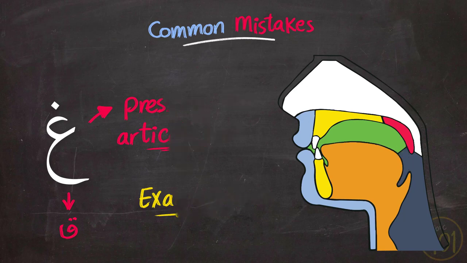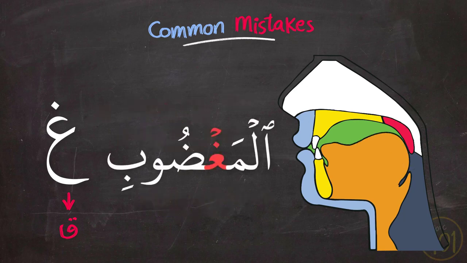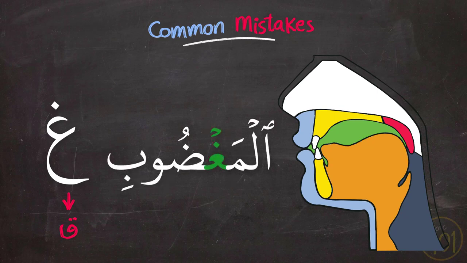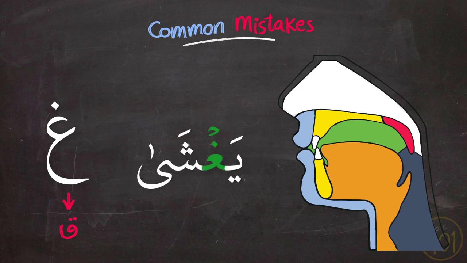It sounds like this. Al-maqdoob, yaqsha. While the sound of ghain should flow smoothly and it has the ability to continue. Al-maghdoob, yaghsha.